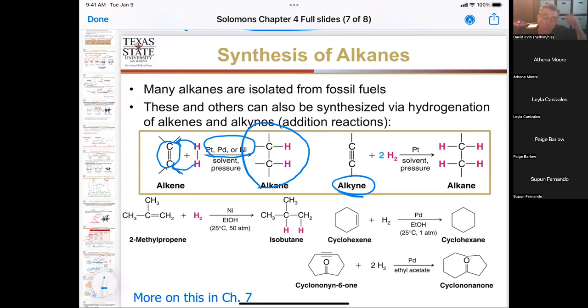Okay, so we'll see that this is one of the few reactions we can do. Here we have our methylpropene, or it's also called isobutene, but we can add hydrogen across this double bond, and we're going to get to this compound. So this is isobutane. This would be isobutene because it has an ENE.